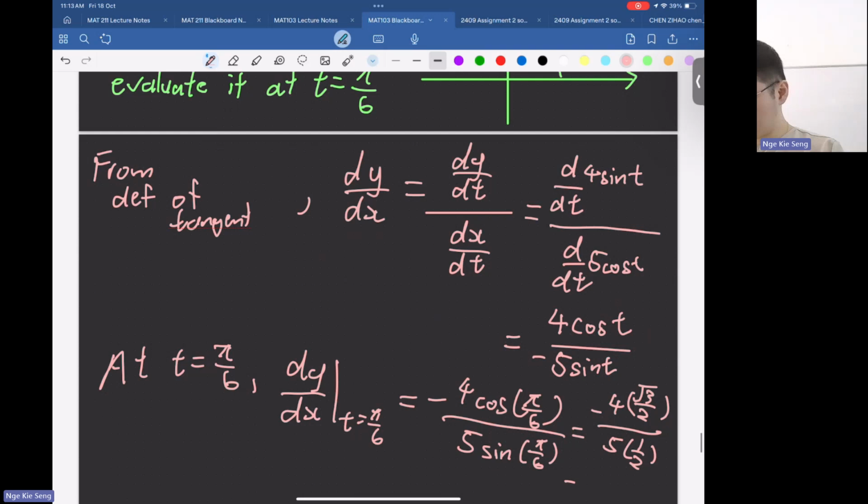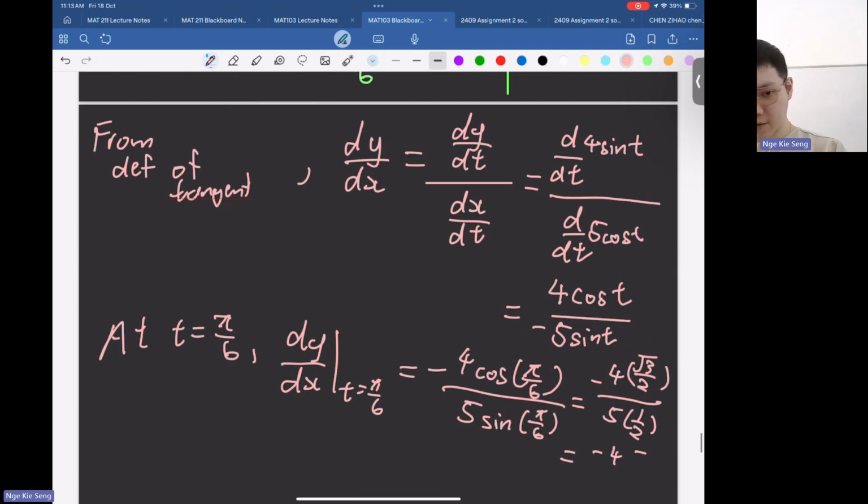Which is negative 4 times square root 3 over 5. Pi over 6 is 30 degrees. Is it clear? Okay. Right.